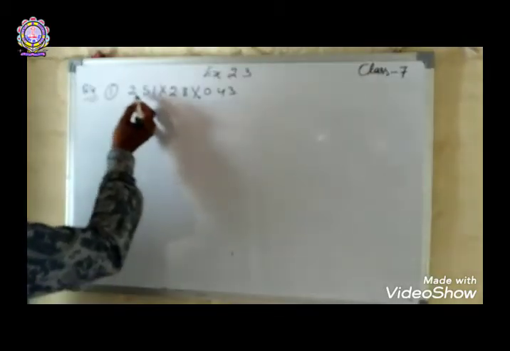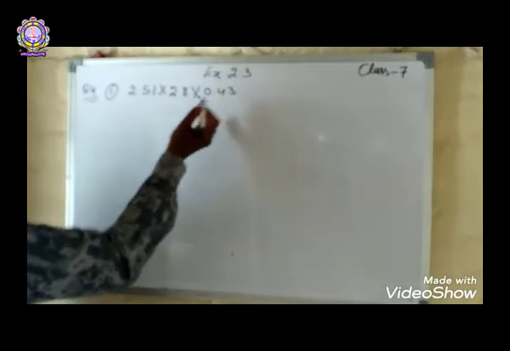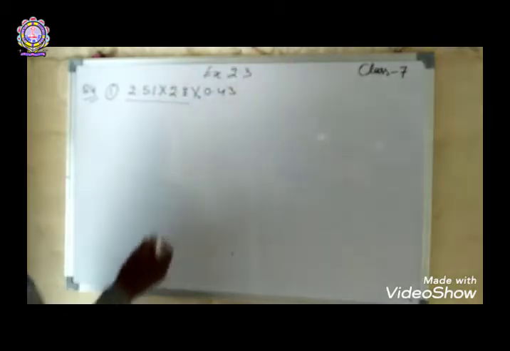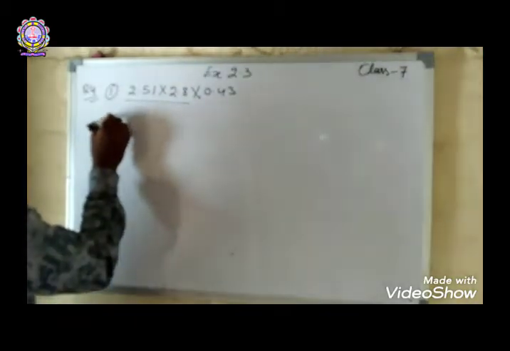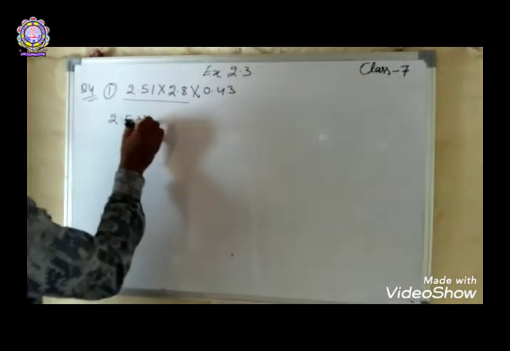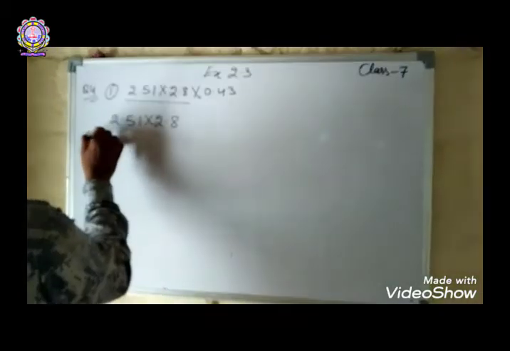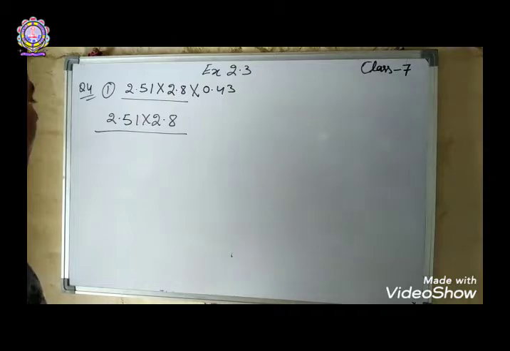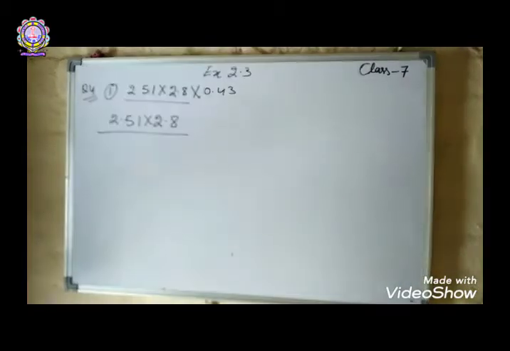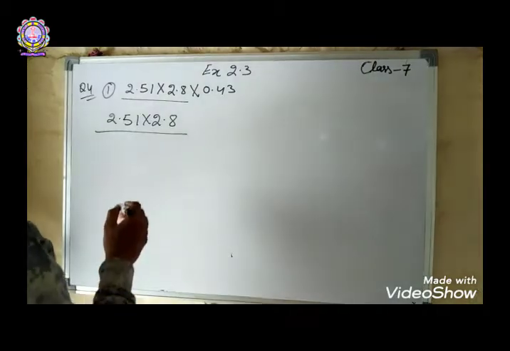You multiply any two of them. First we multiply these two: 2.51 multiply 2.8 as a whole number, and after multiplication, put the decimals.